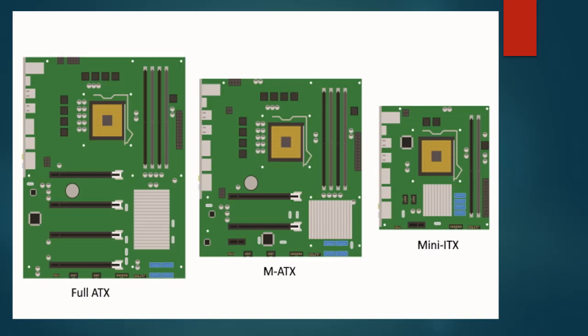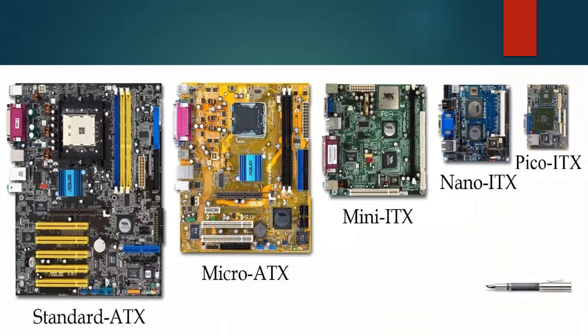Micro ATX motherboards are smaller than ATX boards, as its name suggests. Micro ATX boards are 9.6 by 9.6 inches, so it's a square design compared to the standard rectangular design of the ATX. These boards are cheaper than ATX boards and were designed to fit in smaller computer cases. They also have fewer features and consume less power than a standard ATX board.